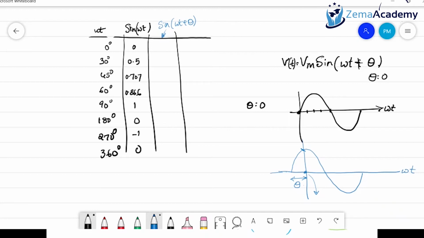Shall we do a big one, or maybe let me erase this and do a little bit smaller theta. 90 is too big a jump.